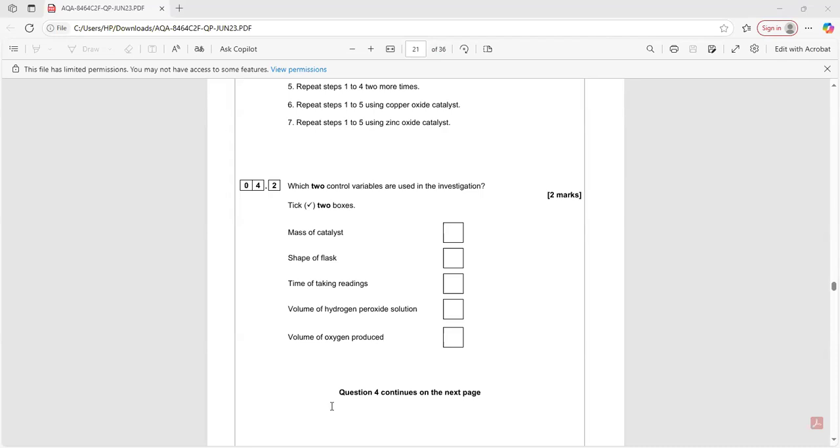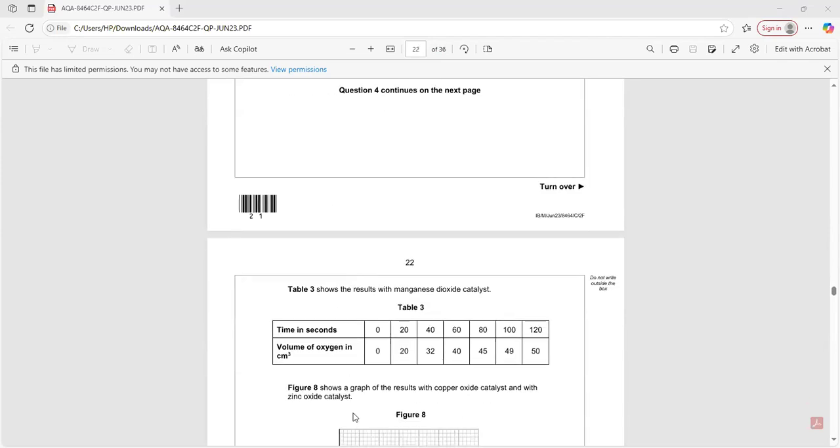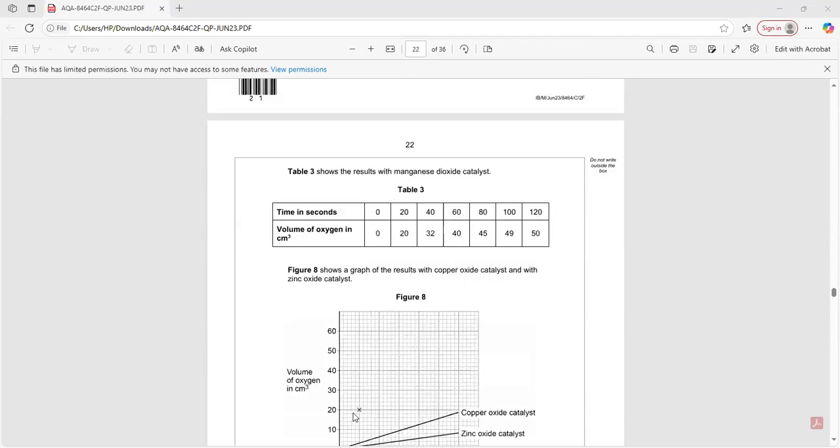Because the flask could be shaped in any way, and that would not change how the volume would be. But if we intentionally look for how to control the reaction by making sure that the volume of hydrogen peroxide is constant, then yes, I think we've achieved that as a control variable. Okay, all right, that's fine.